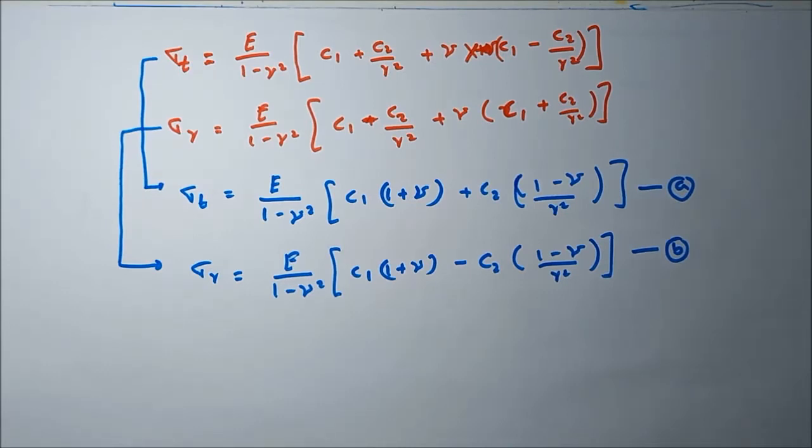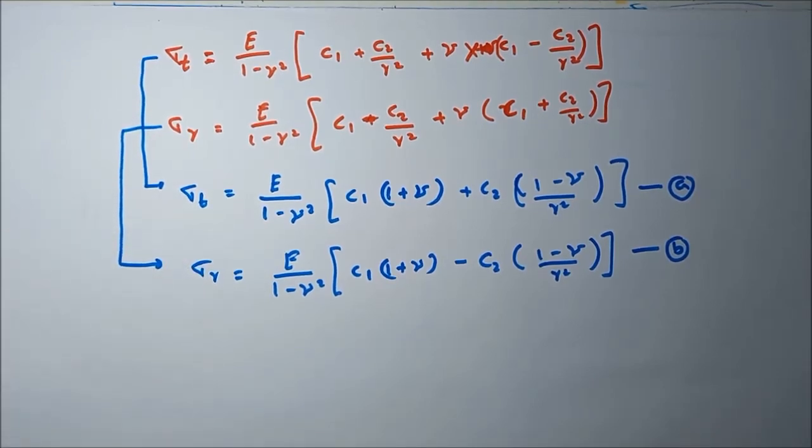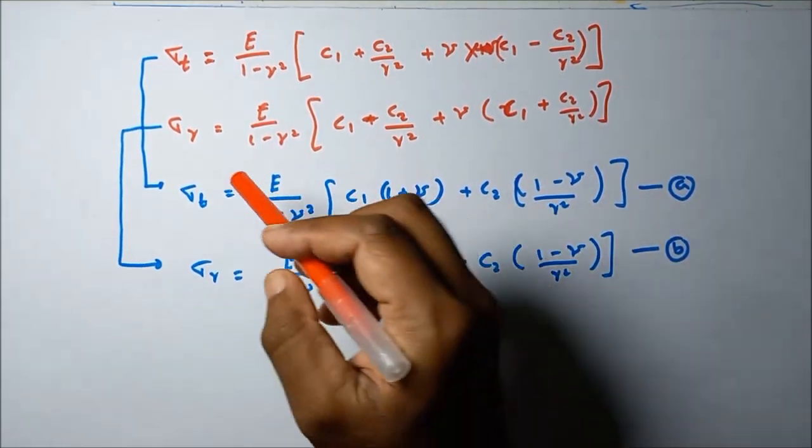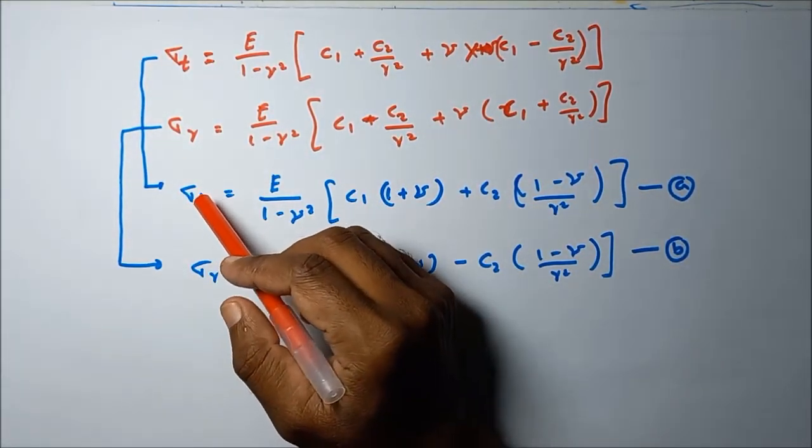Okay, I think up to now you are all more clear how to obtain these equations. Okay, everything clear. We are having the sigma t and the sigma r equations. So in this equation, our objective is to find the equation for sigma t and sigma r.